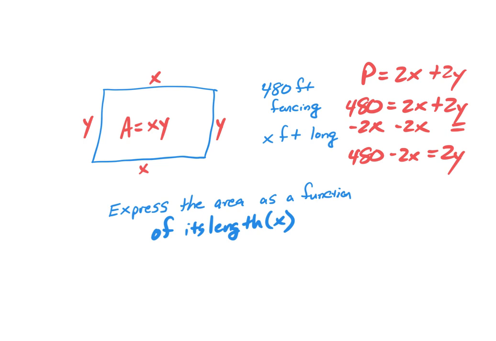And then we've got to solve for y. When I divide by 2, I've got to divide everything by 2, all the way through. So 240 minus x equals y.